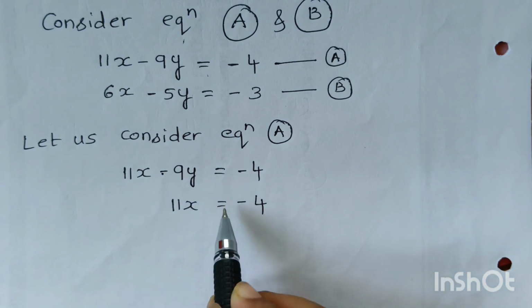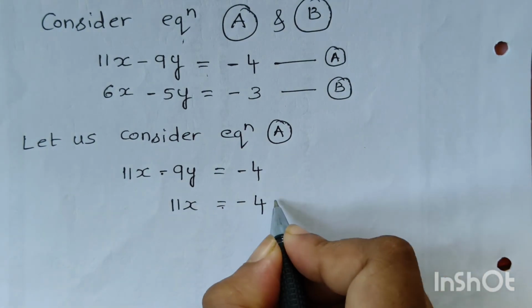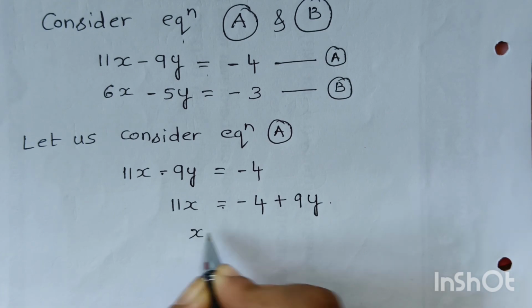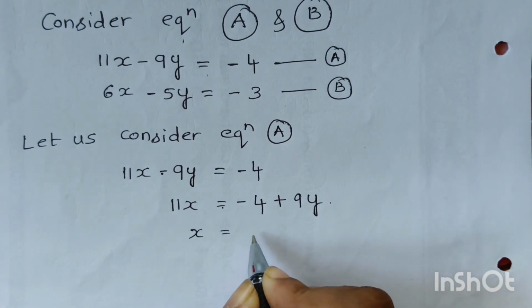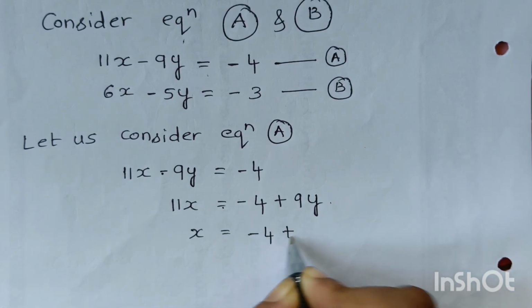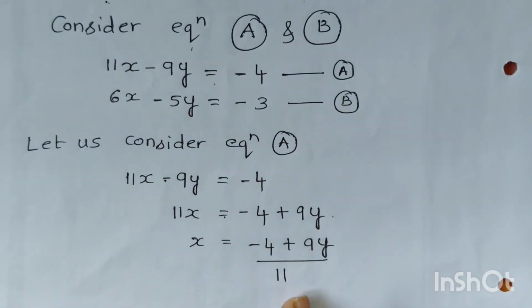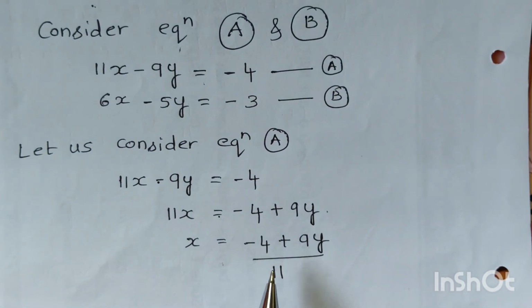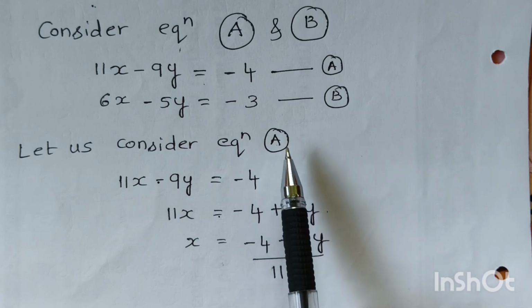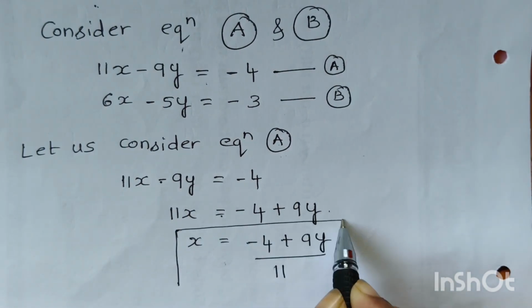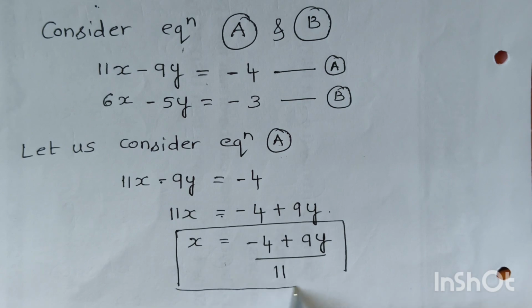This minus 9y, when it crosses the equal to sign, will become plus 9y. x is equal to minus 4 plus 9y divided by 11. We got the value of x from equation A. Let me consider this as equation C.